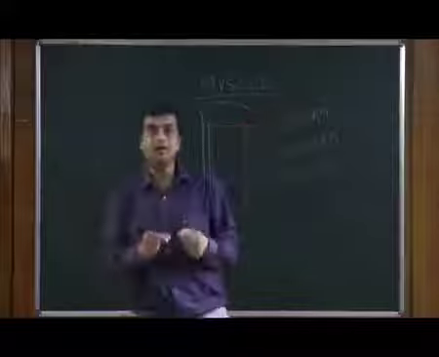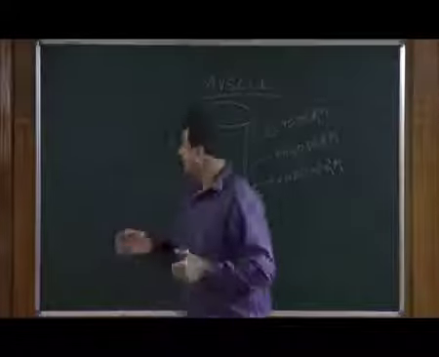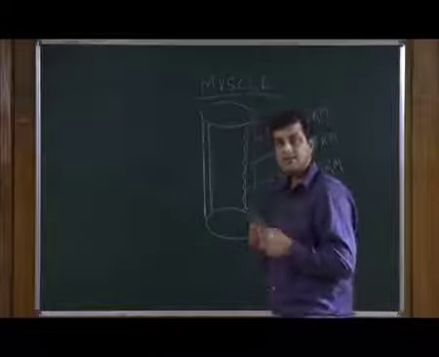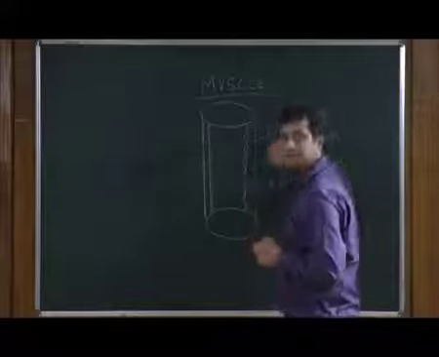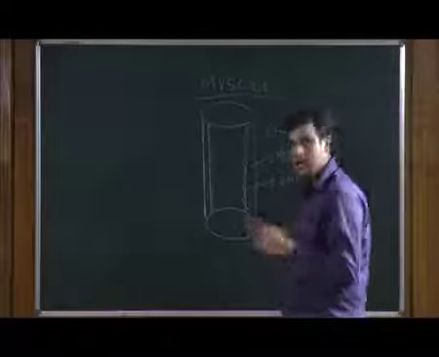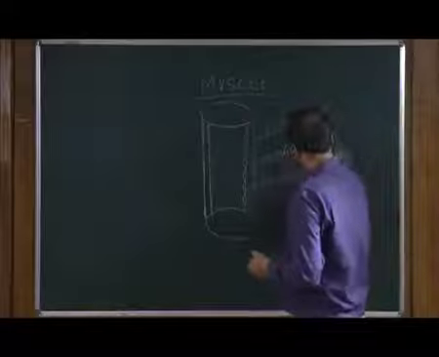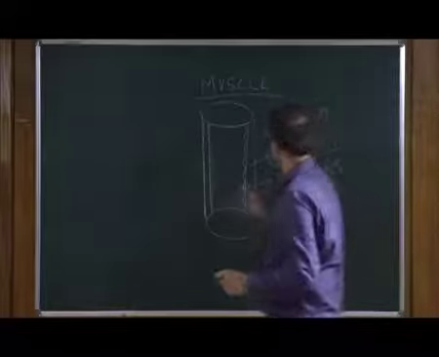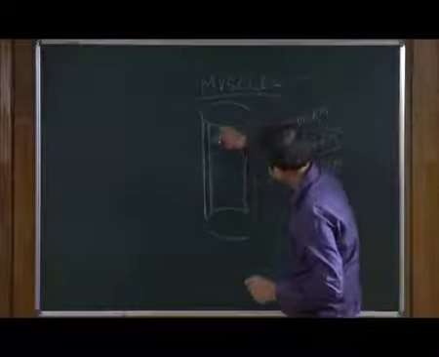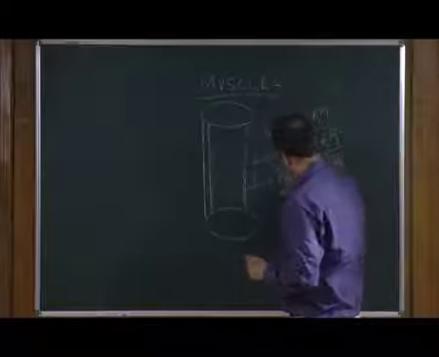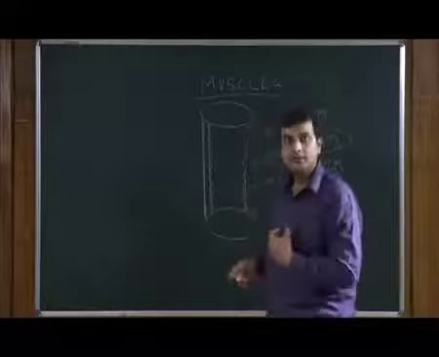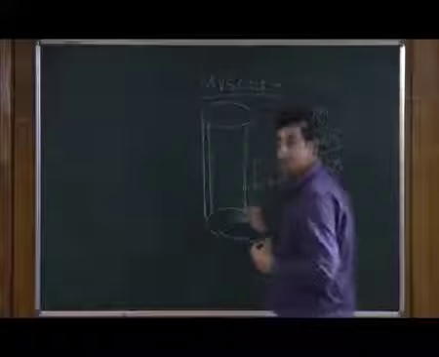If we look at the actual function of each and every layer in human body, and if we try to understand the evolutionary aspect, this ectoderm is basically the skin layer, the outer covering of a human body, and also some of the appendages, while this mesoderm is the actual layer that is going to form the muscle. So we will discuss this middle layer, which is going to form the whole muscle. And of course there is another part called endoderm. This endoderm is basically the gut, the gastrointestinal cavity of human being.